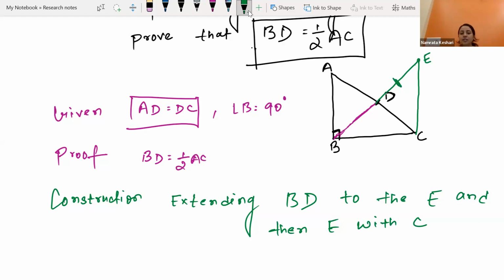We have done the construction in such a way so that this BD and DE is same.